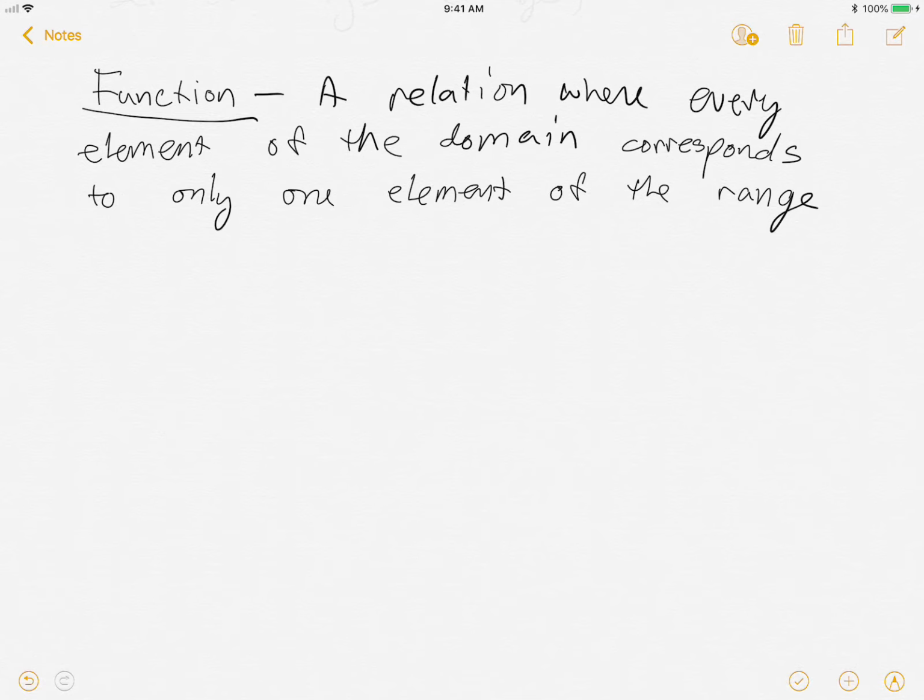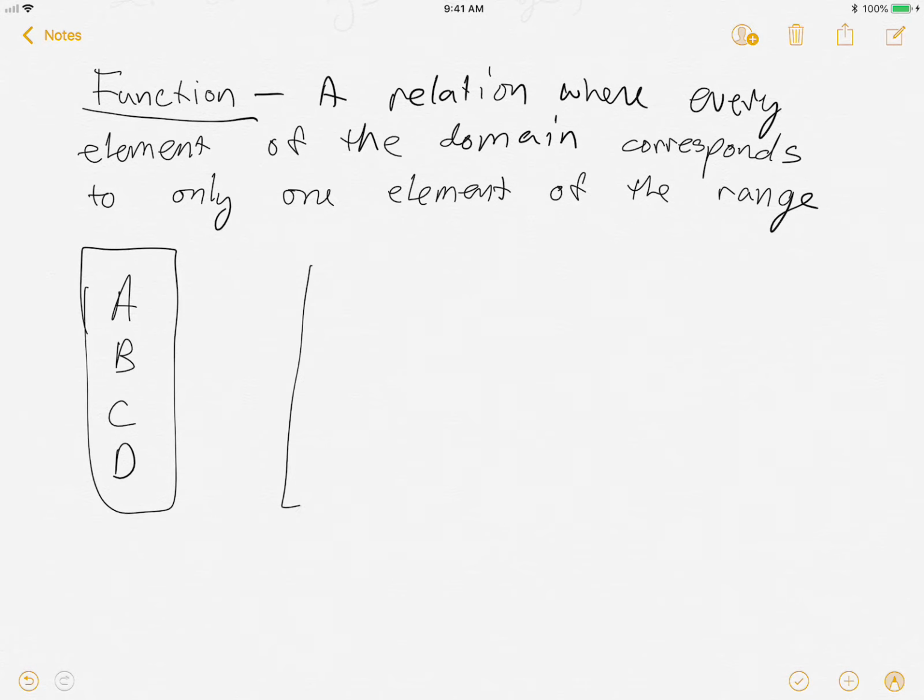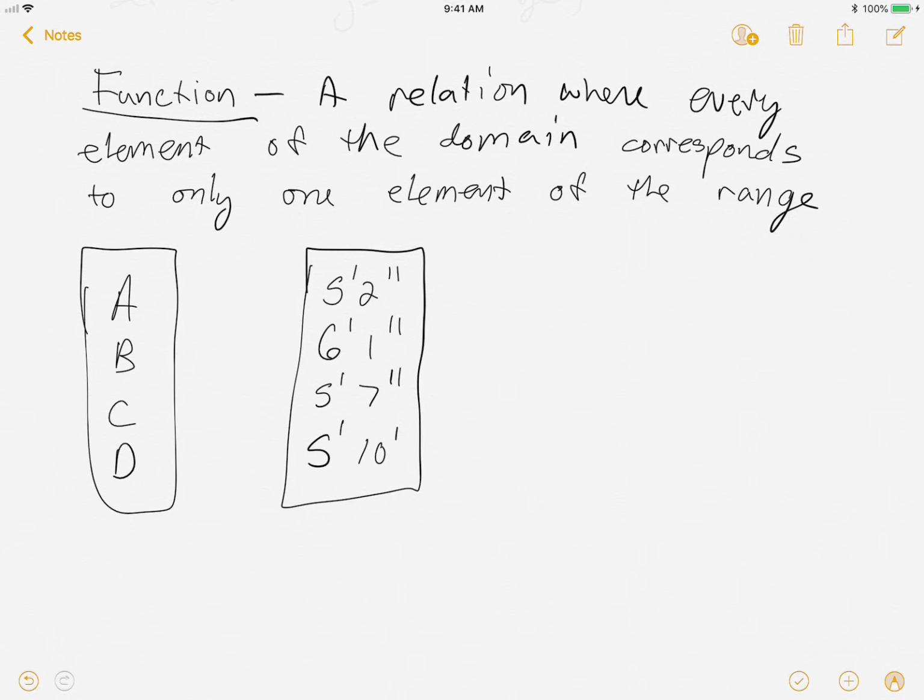So let's say we have a group of students. Let's say we have students A, B, C, and D. And let's say that all four of them had heights of 5 foot 2 inches, 6 foot 1 inch, 5 foot 7 inches, and say 5 foot 10 inches. Let's say student A is 6 foot 1, student B is 5'7", student C is 5'2", student D is 5'10".